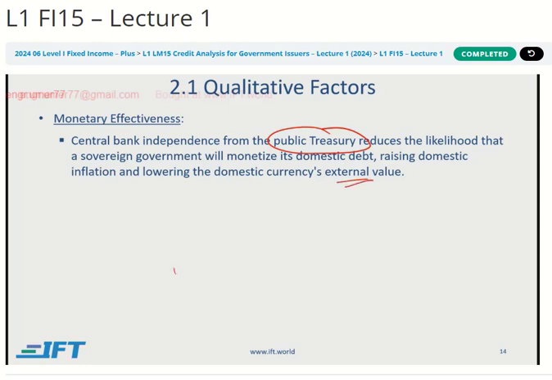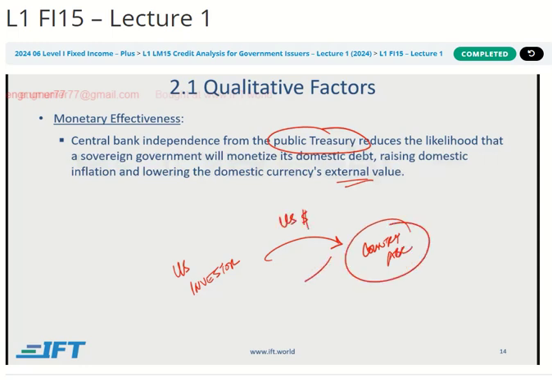So again, let me explain this again. Let's say you are a US investor and you are lending to country ABC, and you're lending in US dollars. You want your money back in US dollars, right? But these guys have ABC dollars. And if they start printing ABC dollars and using them for corrupt spending, then the value of ABC dollars is going to go down.